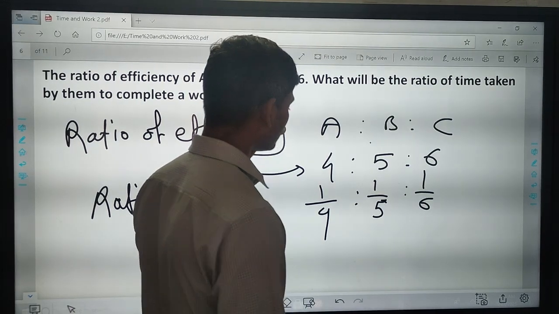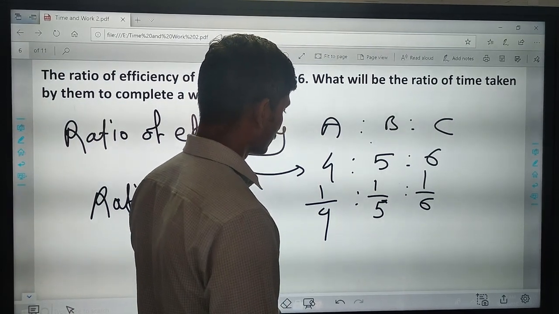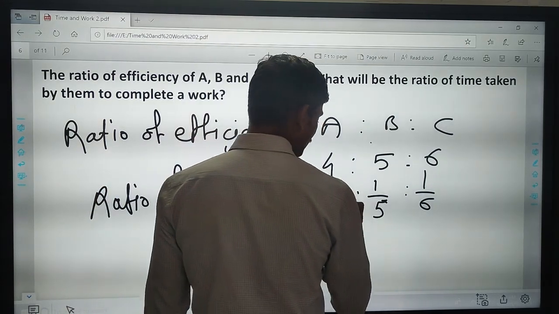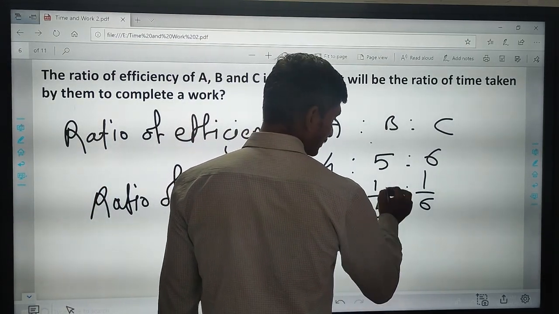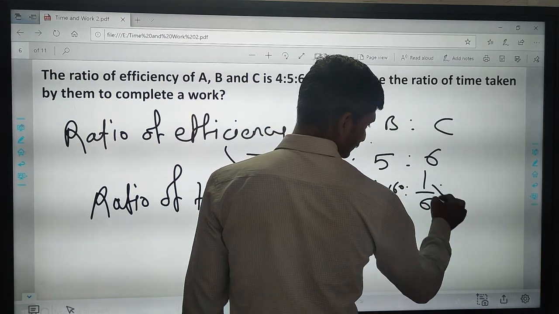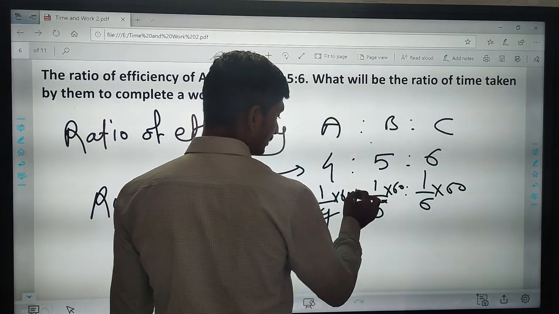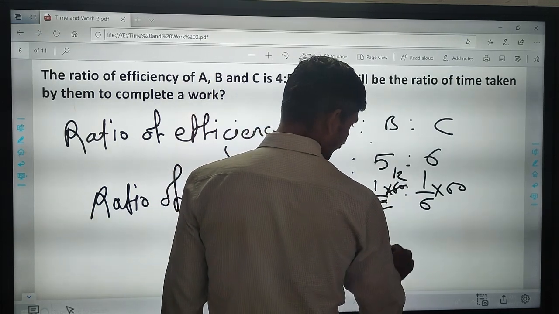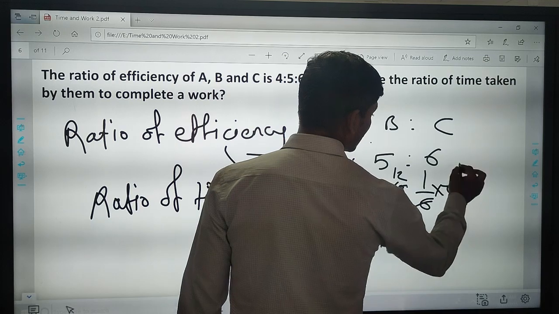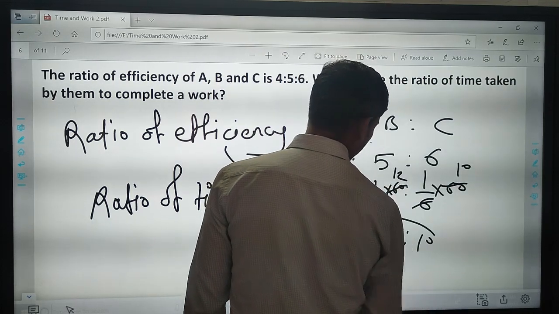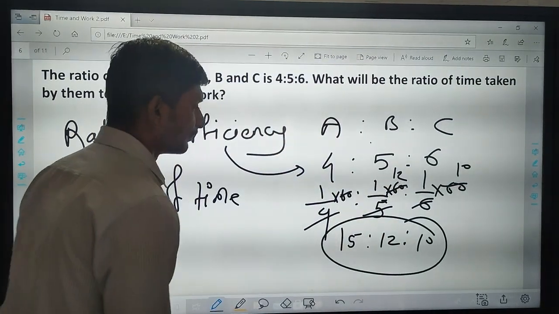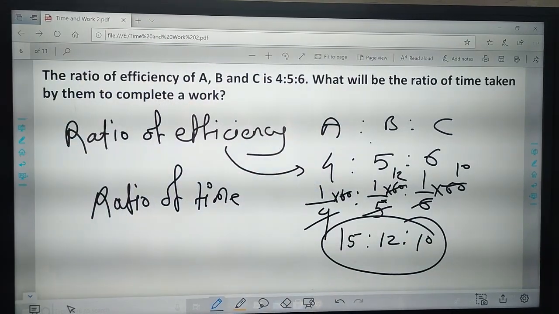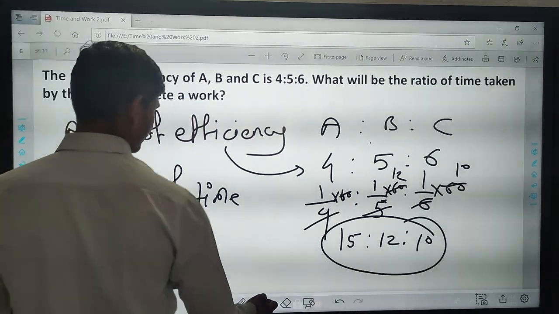Now we multiply all these by 60, then we get 15, 12 and 10. The ratio of time taken by A, B, C to complete the whole work is 15 to 12 to 10.